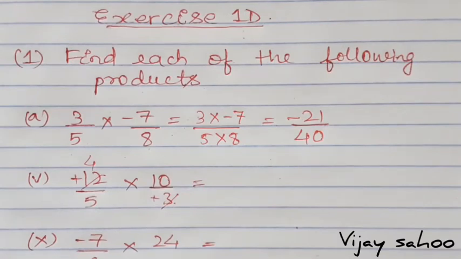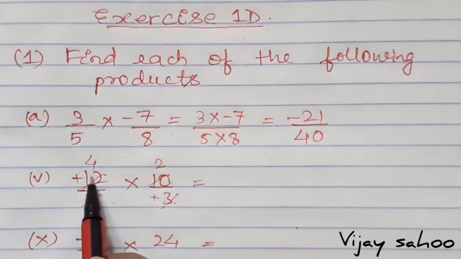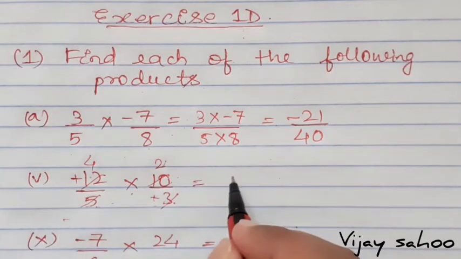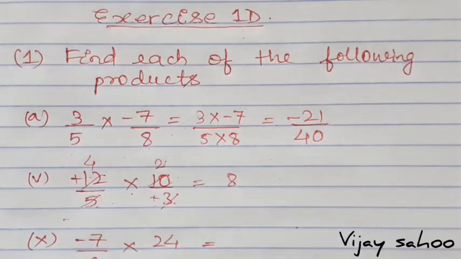So what is left out? 5 and 10. Is the cancellation possible? Yes, it is possible. So 5 and 10 will be cancelled out, leaving 2. So what is left out over here? 4 multiplied by 2, because the denominator has been cancelled out. So 4 multiplied by 2 is 8.